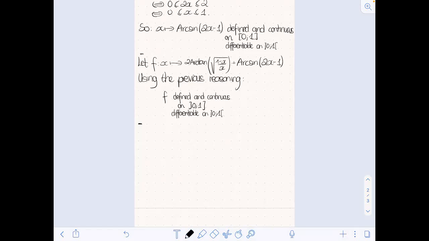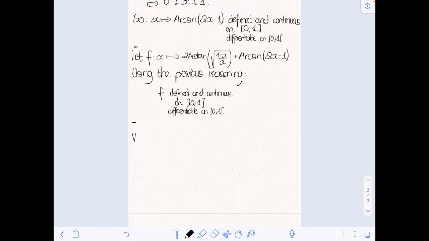So let's do that. For any x, if you want to compute the derivative, we take x on the open interval 0, 1. We need to compute f prime of x. So this is where we need the different derivation formulae for composite functions. Let's do that.